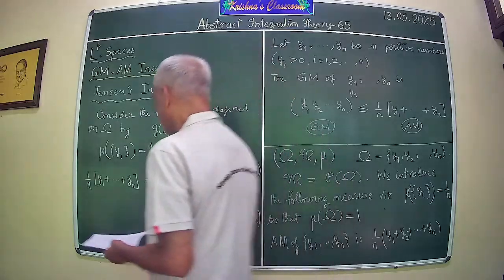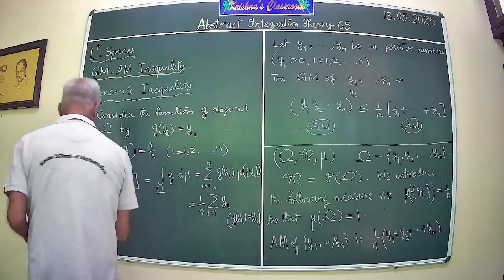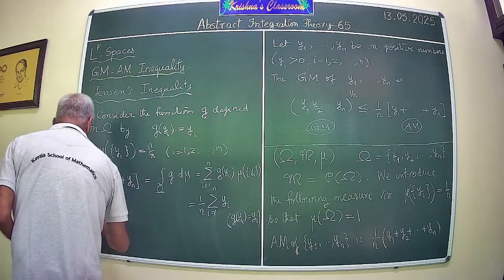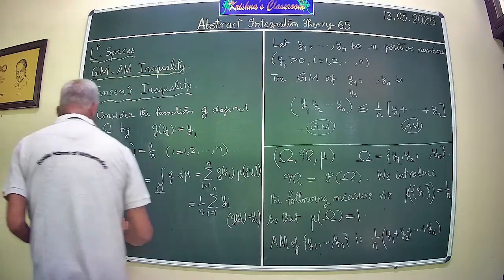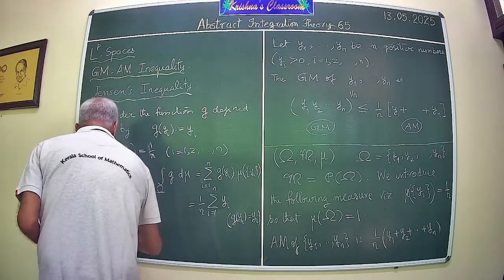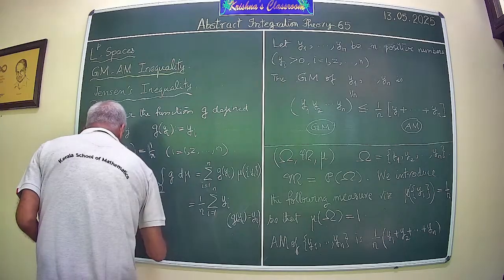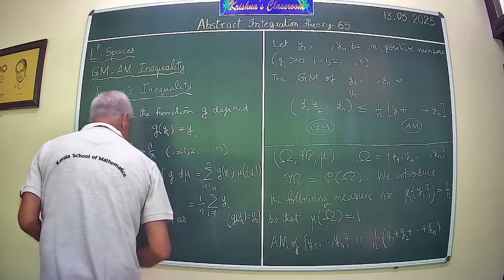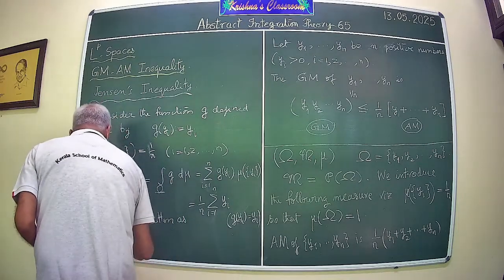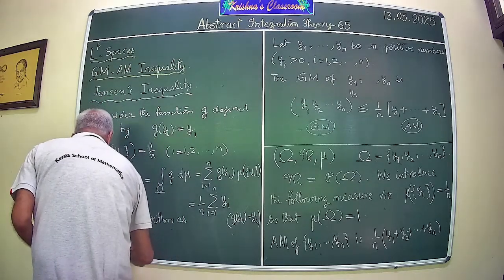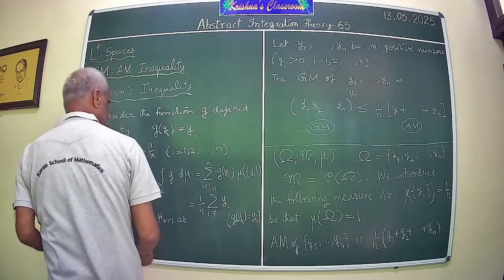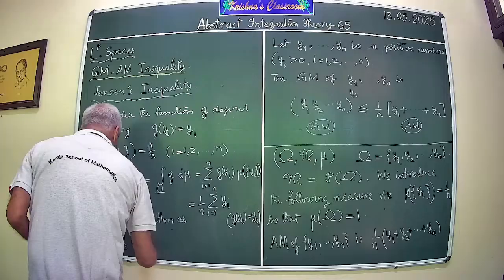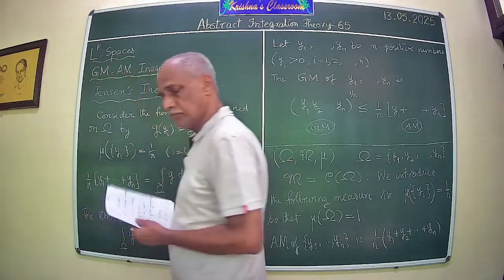Therefore, the right hand side is the integral over omega of g d mu.